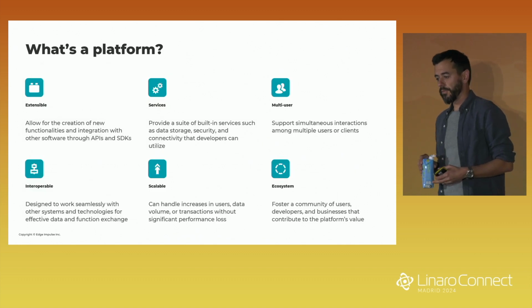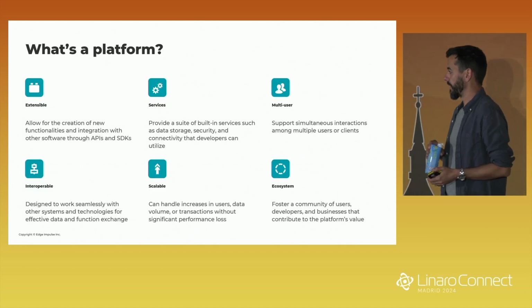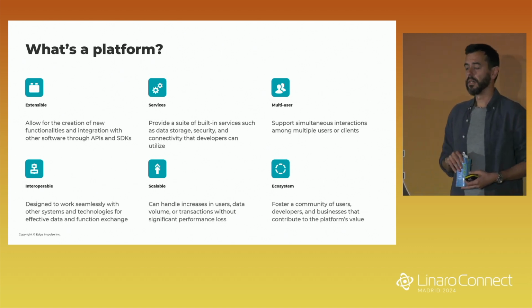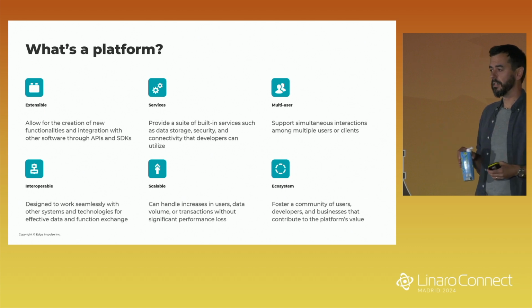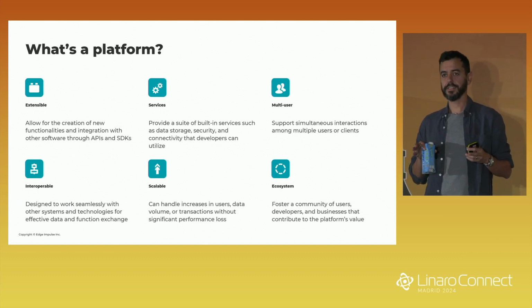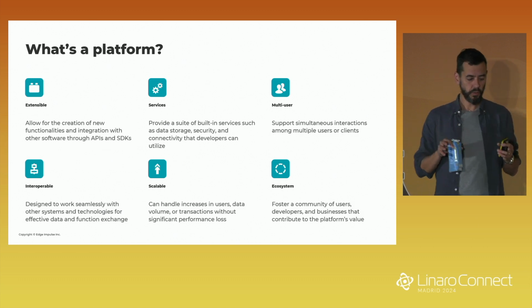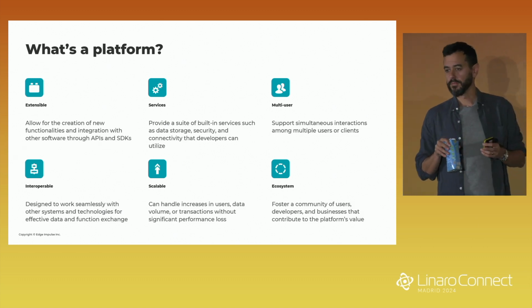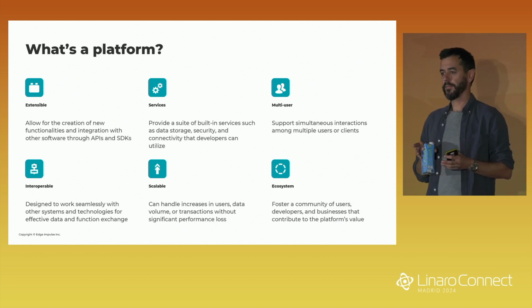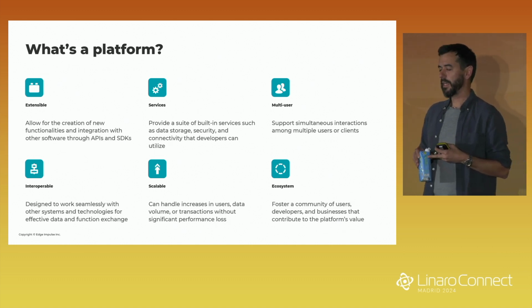Now let's go for a platform. We define a little bit what we're talking about when we talk about edge AI. A platform is extensible. A platform is a tool for people to get from point A to point B, but it has to be extensible.